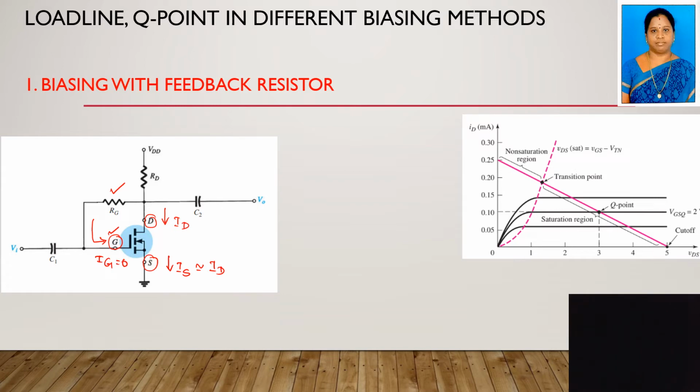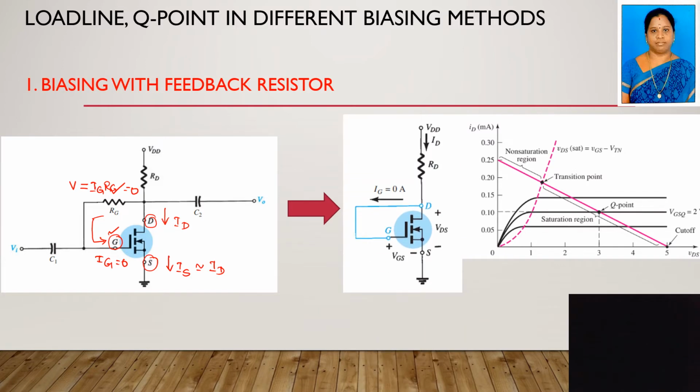If it is 0, what is the meaning? The voltage across RG is 0, because the voltage equals IG into RG. IG equal to 0 means the voltage drop across RG is also 0. So we can replace this circuit by this circuit because RG is ineffective, since the gate current is 0.